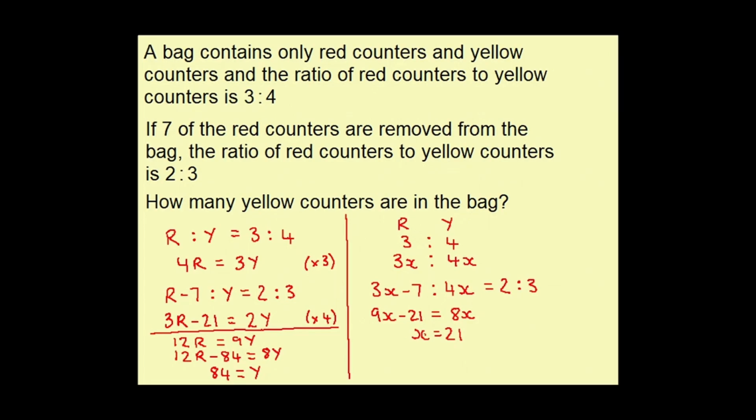Remember, this isn't the answer. This is the multiple. I want to know how many yellow counters are in the bag. It's 4x and x is 21. So it's actually 4 times 21, which is 84. And we can see that we have the same answer as we got using the other method.